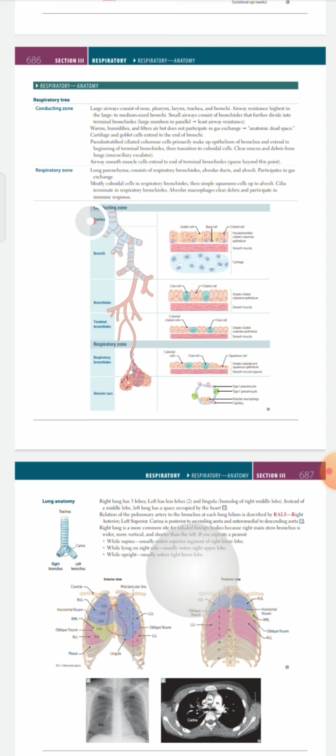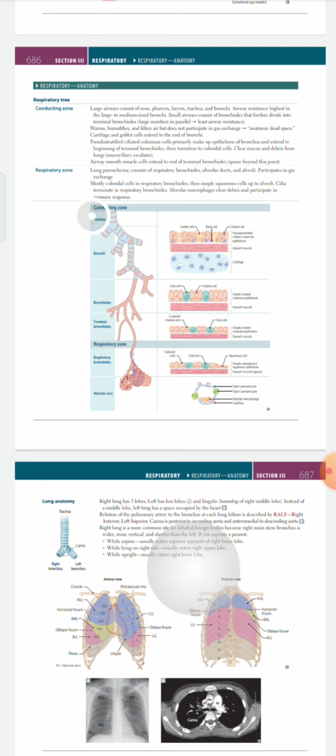Basically, it starts from the trachea, which bifurcates into the two bronchi, right and left. Then the bronchi progressively divide into the bronchioles and then terminal bronchioles.